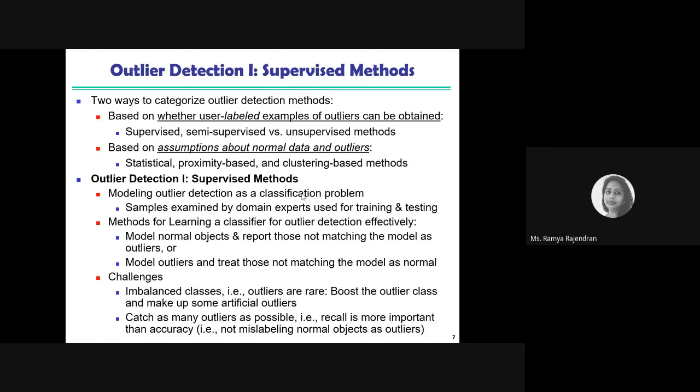You can identify outliers based on supervised, semi-supervised and unsupervised methods, and based on the normal data and outlier assumption you can work with statistical, proximity-based and clustering-based methods. First, we'll look at supervised, semi-supervised and unsupervised methods based on user-labeled examples.